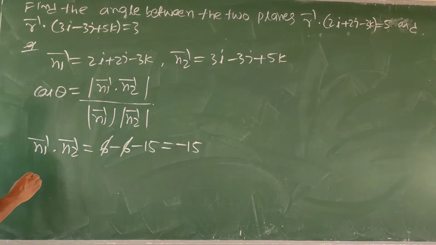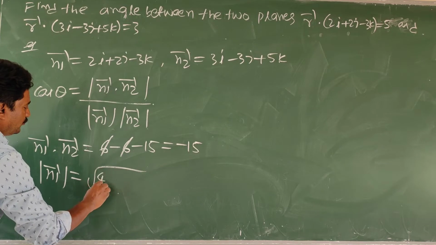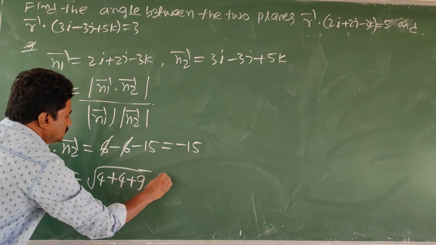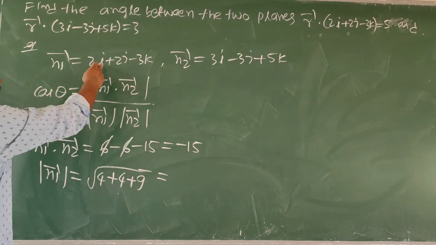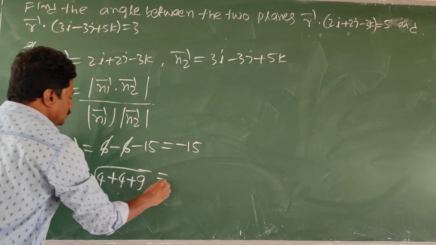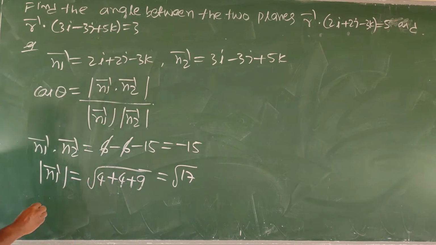Length of n1 is root of i component square 4 plus j component square 9, so total it is 4 plus 9, that is 4 minus 3 whole square 9. Root 17. Next find out length of n2.